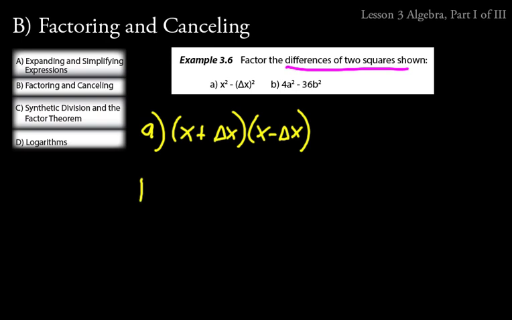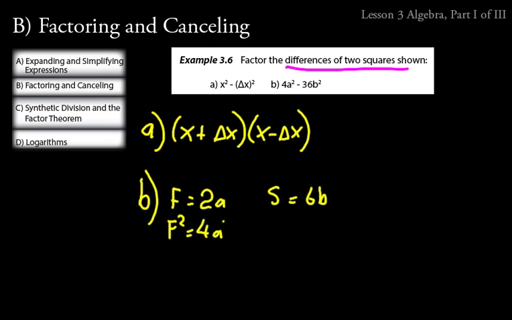First, let's identify what the first term is. We could just call that 2a. And the second term, we could call that 6b, because if we square the first term, that's 4a squared, 2a times 2a.